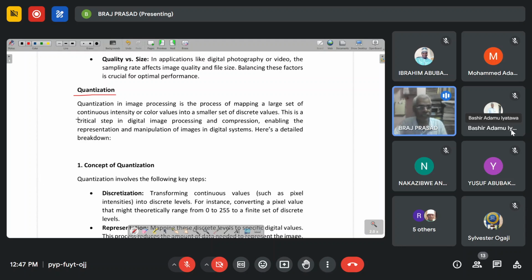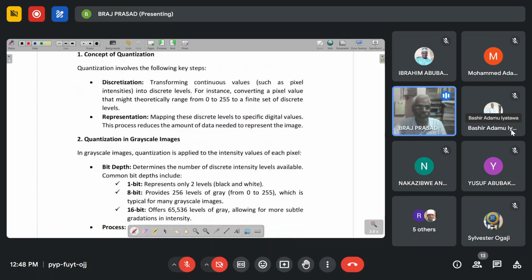This is a critical step in digital image processing and compression, enabling the representation and manipulation of images in digital systems. Quantization involves the following key steps. First is discretization, and second is representation.